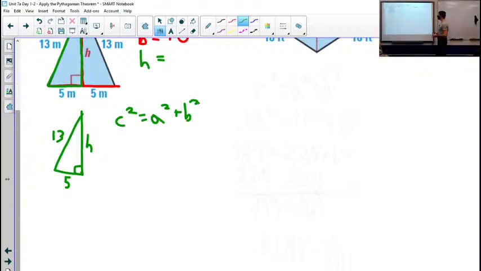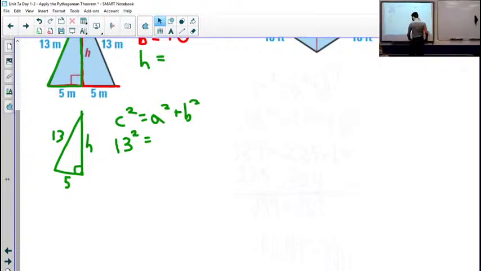C squared equals A squared plus B squared. Hypotenuse. Hypotenuse here is 13. Another way, if you're not sure how to find the hypotenuse, I talked about this yesterday. It's the longest side across from the right angle.